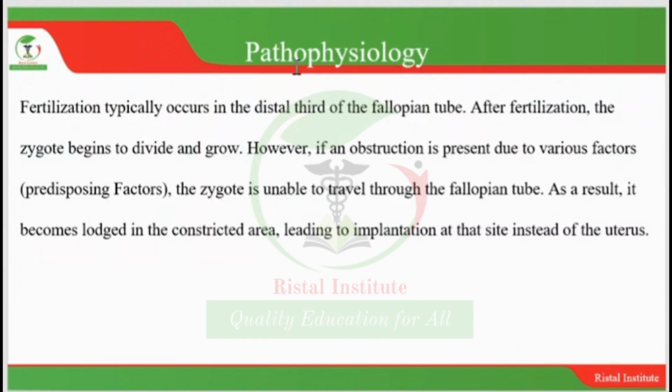So the zygote is unable to travel through the fallopian tube. As a result, it becomes lodged in the constricted area, leading to implantation at that site instead of the uterus.